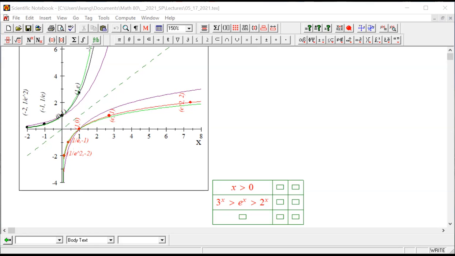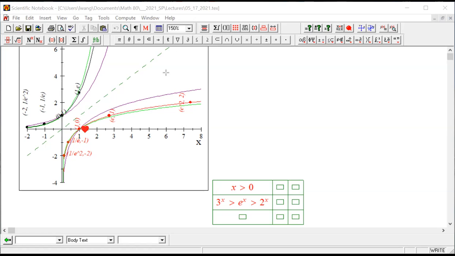I draw a vertical line with the color of blue. Okay, so I selected an input, and this input is going to be right here. So I'm just arbitrarily choosing an input.